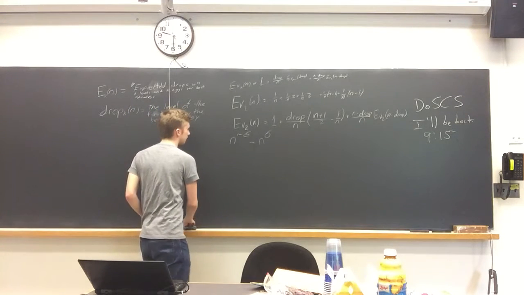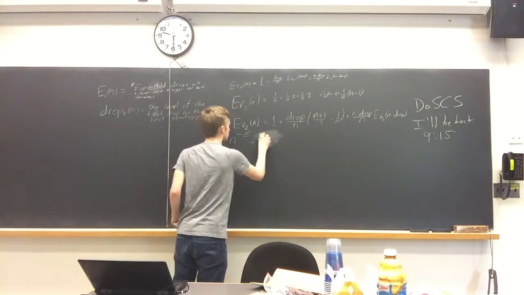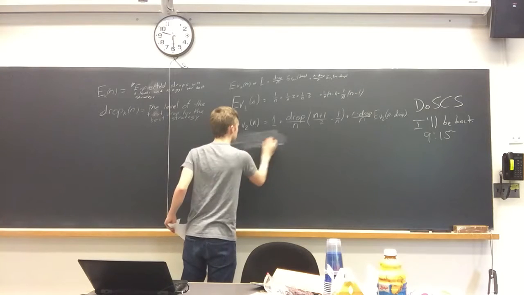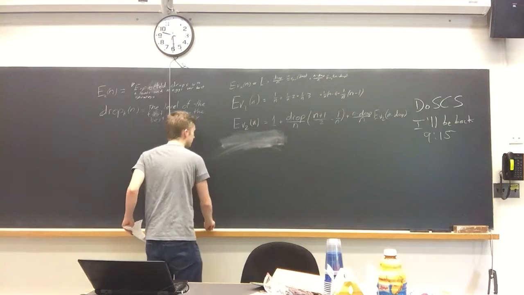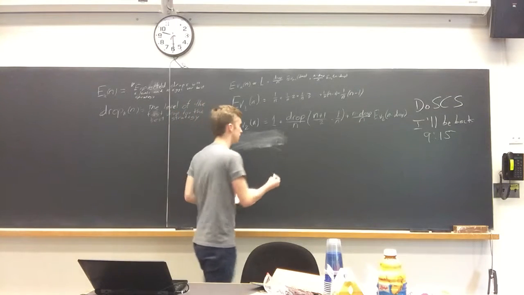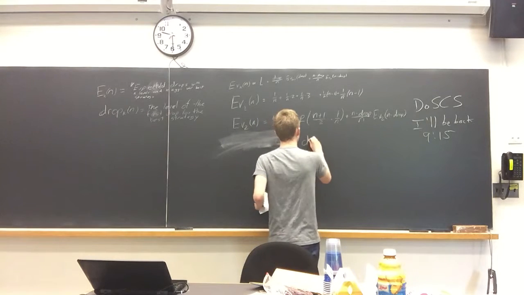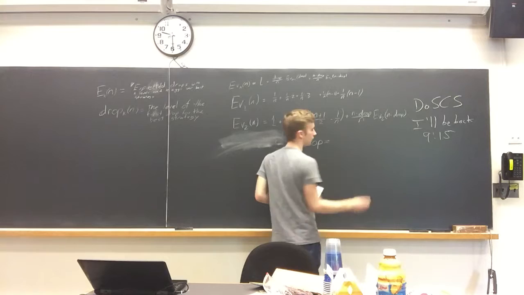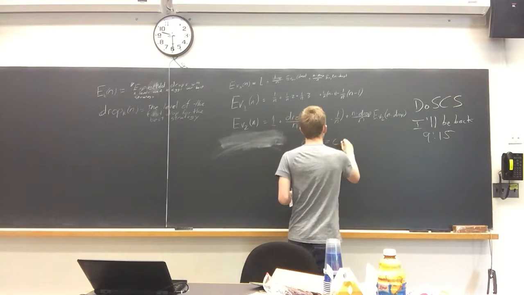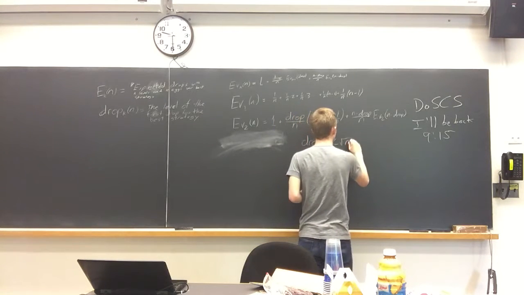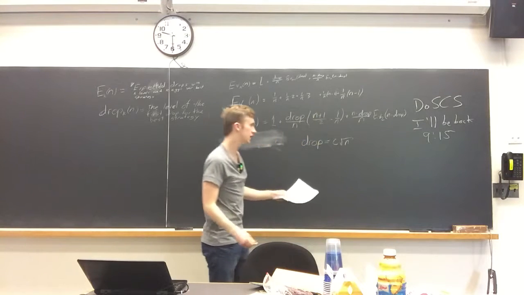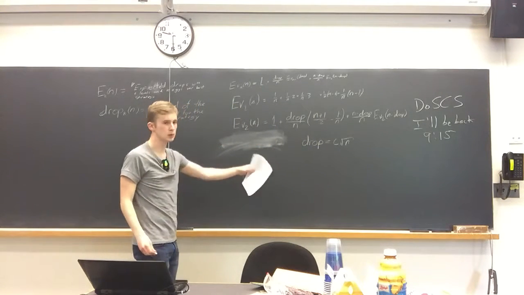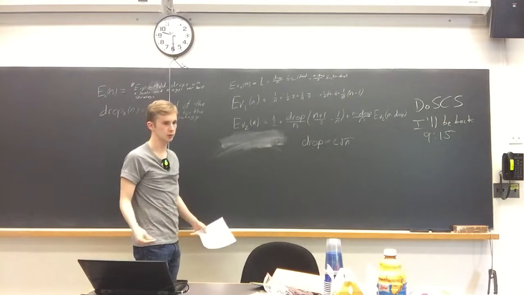So I hypothesized that drop would take the form c root n, or c n to the 1/2, and that c would be some fixed constant no matter what n was.